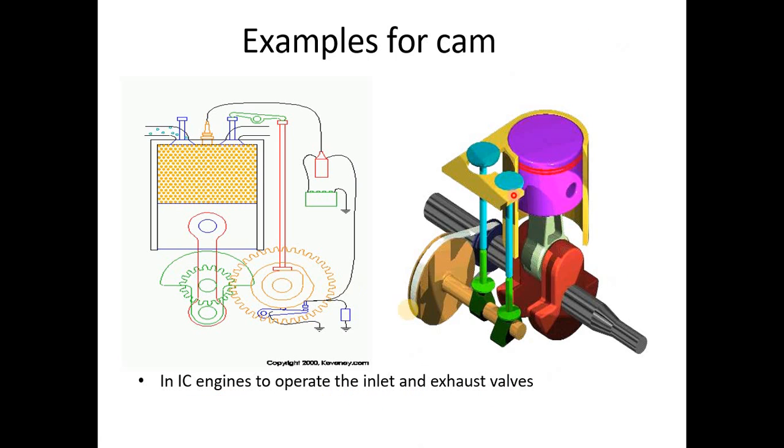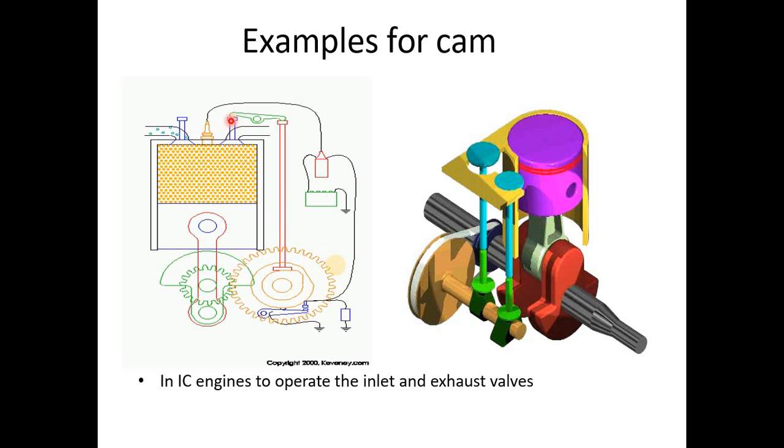Considering examples of the cam, you can see in IC engines, cams operate the inlet and exhaust valves. Look at it, this is the IC engine, and this is a cam and this is a follower. For inlet and exhaust valve operation of the IC engine, you can generally see this cam and follower. Look at how it works.